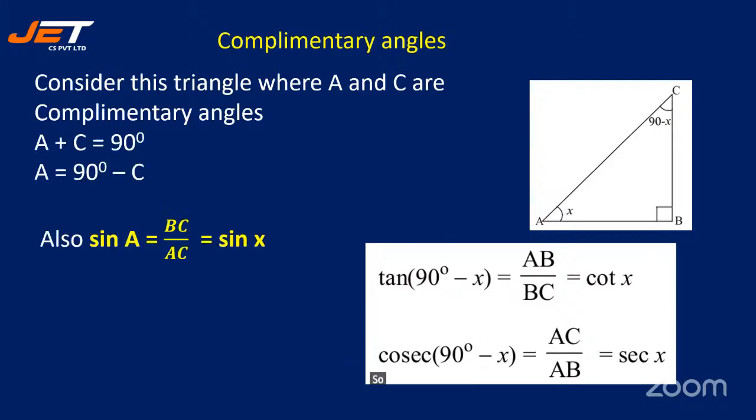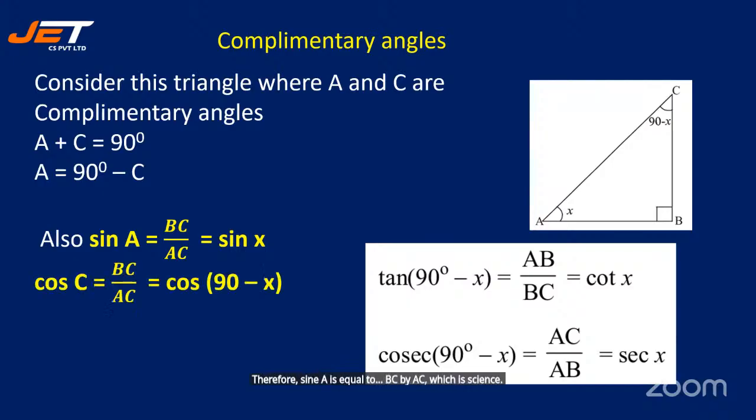So A plus C is 90, A is 90 minus C. Therefore, sin A is equal to BC by AC, which is sin x. Cos C is cos of 90 minus x. Just learn the formulas like that. So sin x is equal to cos of 90 minus x.